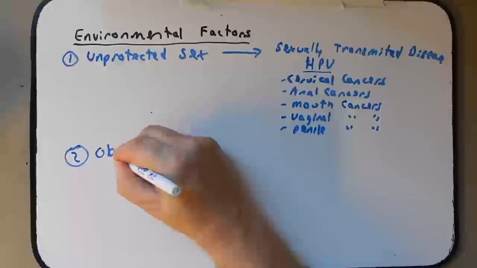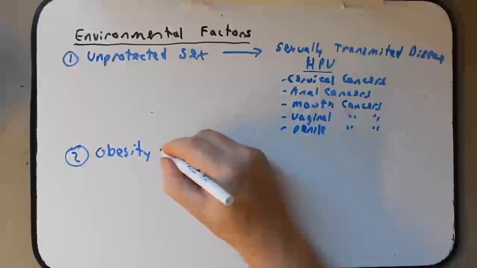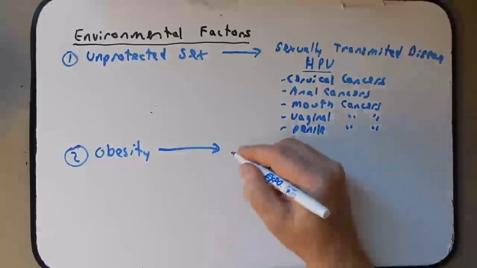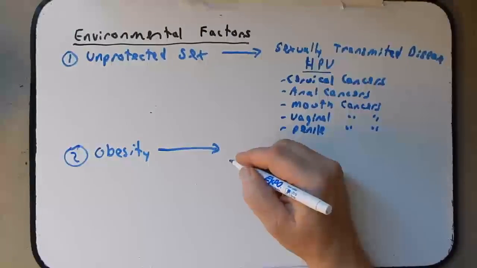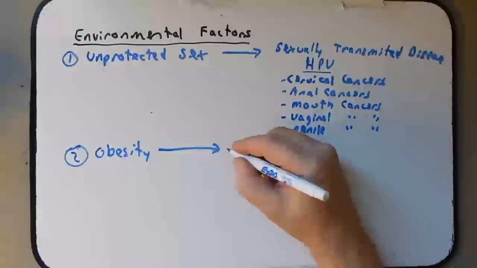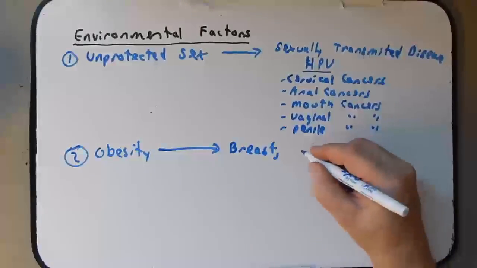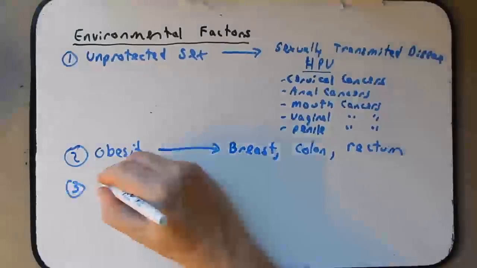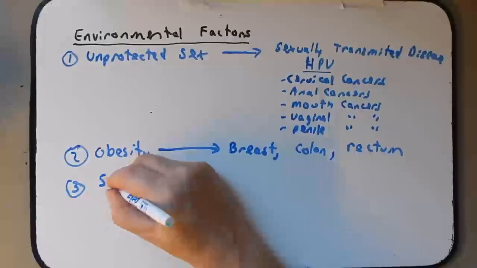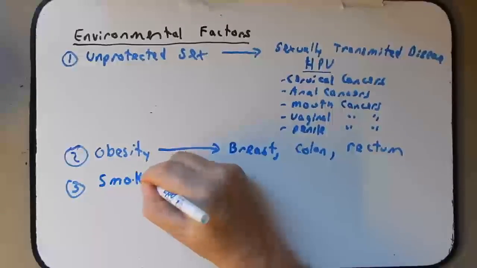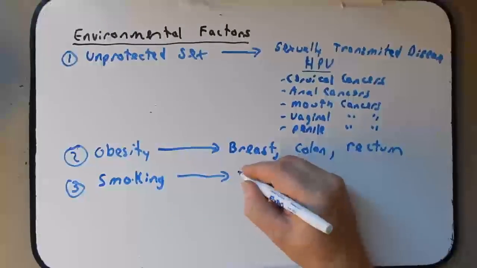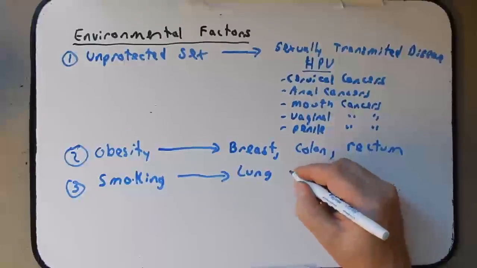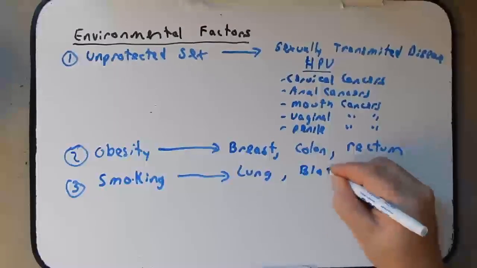Obesity is another factor that epidemiologists have studied, because there are certain regions in the world where there's more obesity, and in those regions we see a higher incidence of some cancers like breast cancer, colon, and rectum, as well as some others. Another major environmental factor, which will not come as a surprise to you, is smoking. Smoking, of course, is linked to lung cancer, but also many other cancers, such as bladder cancer.